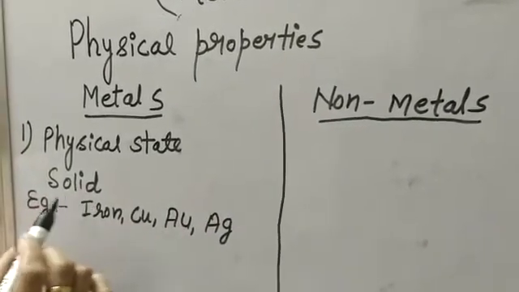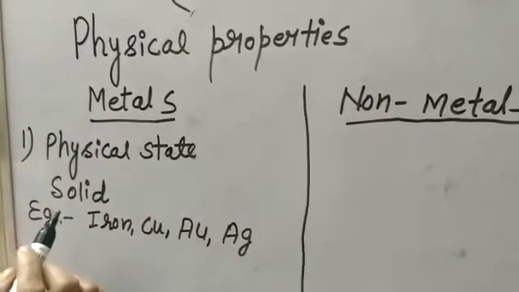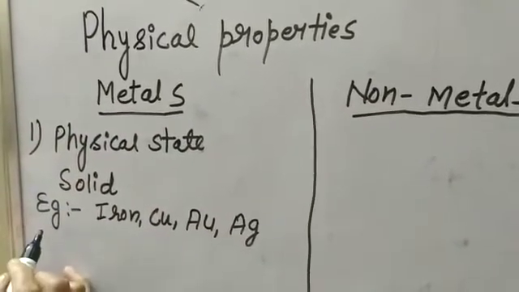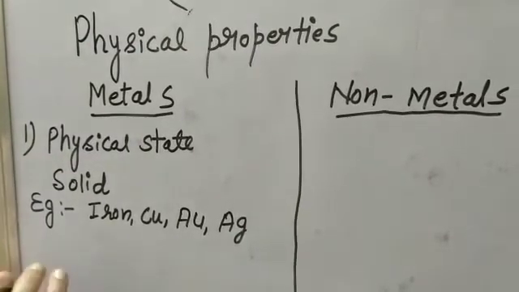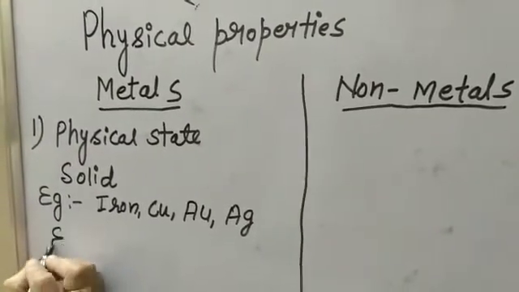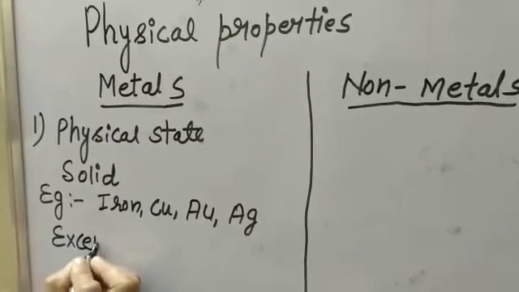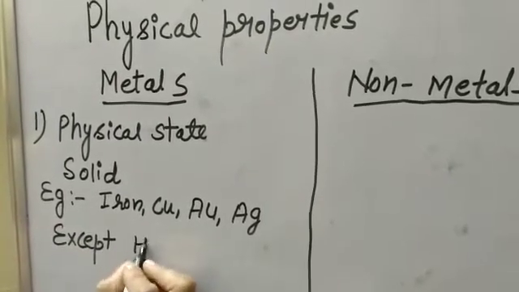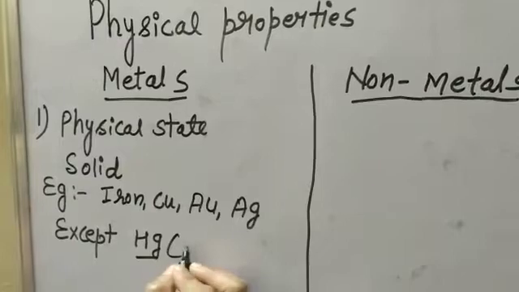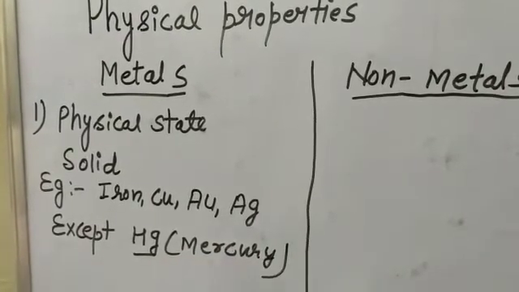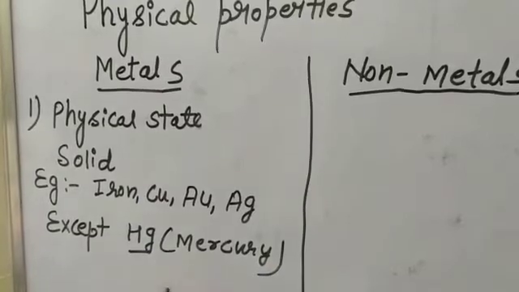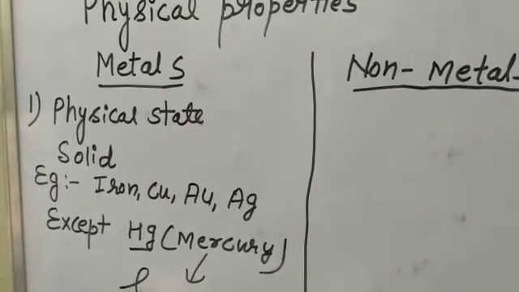Physical state. All the metals are solid. Examples are iron, copper, gold and silver. But one exception is there: mercury, that is your Hg. This is liquid at room temperature.